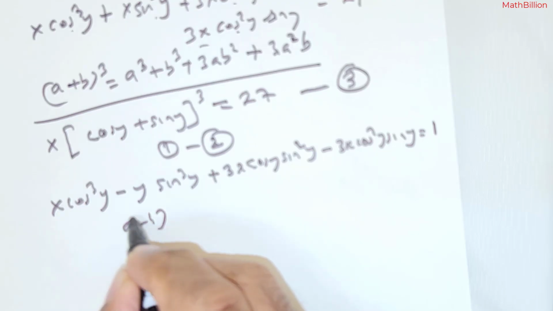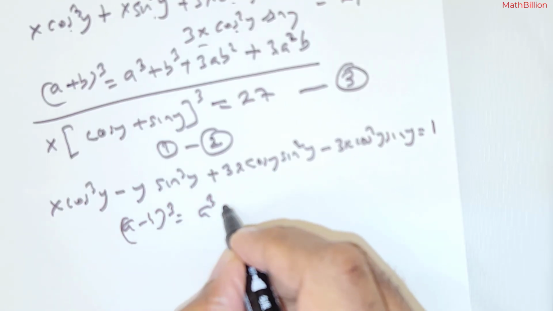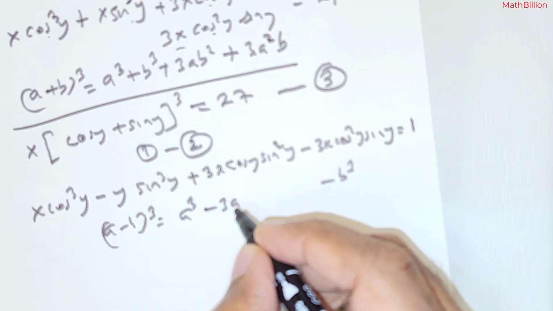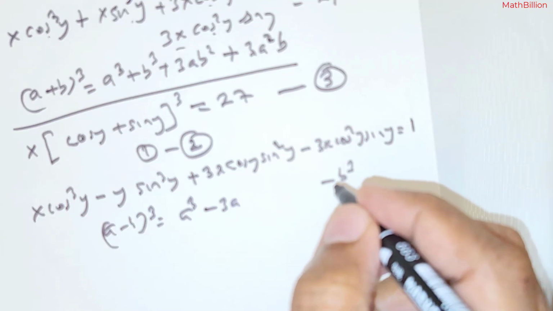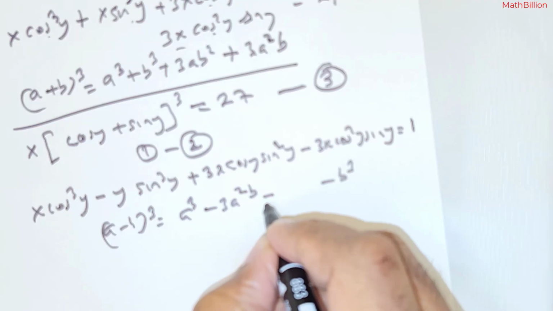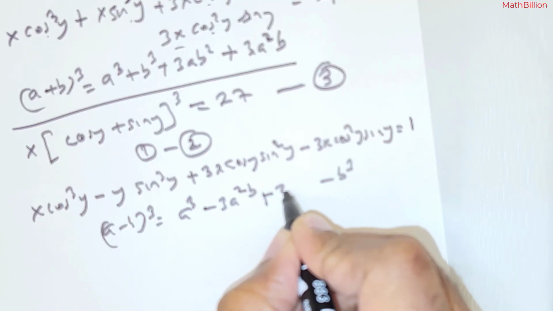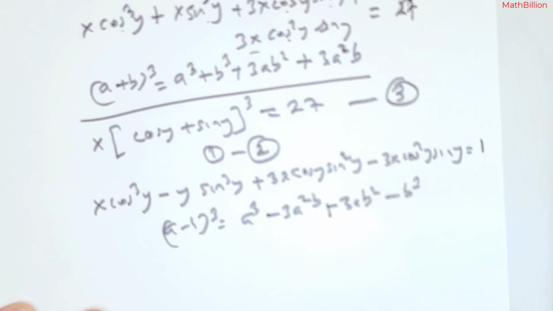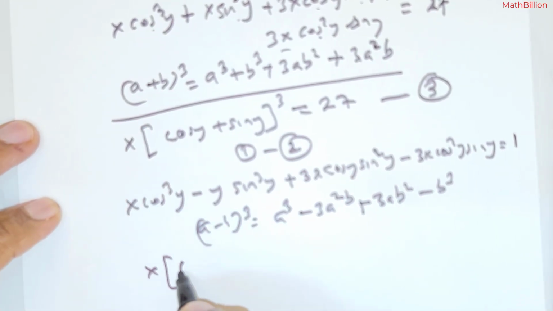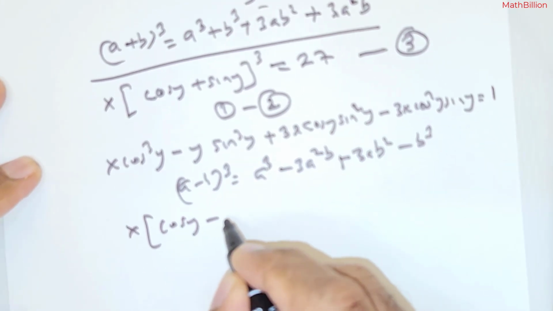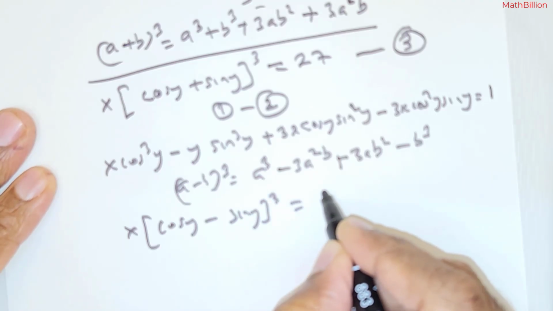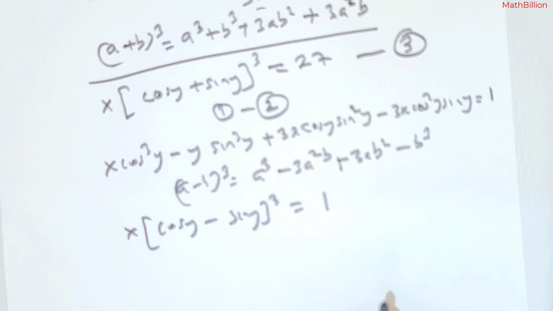Now this is of the form a minus b the whole cubed, which is a cubed minus b cubed minus 3a squared b, right, minus 3a squared b, and you'll have plus 3ab squared. So with this formula I can rewrite this as x times cos y minus sin y whole cubed is equal to 1.